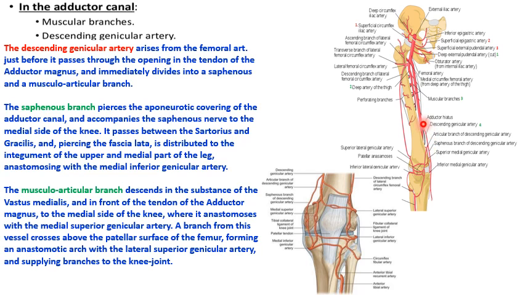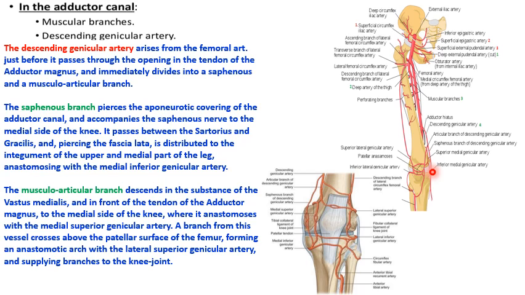And this immediately divides into a saphenous branch and a musculoarticular branch. This saphenous branch pierces the eponeurotic opening of the adductor canal and accompanies the saphenous nerve to the medial side of the knee.